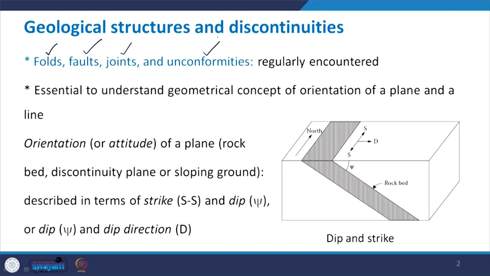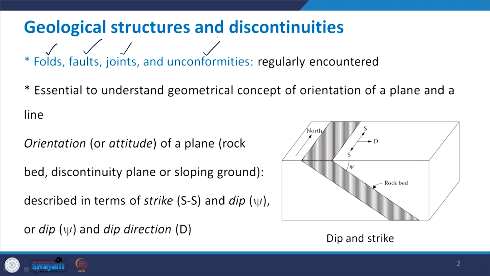It is very much essential for us to understand the geometrical concept of the orientation of a plane and a line before we learn about these geological structures, because the moment we encounter any kind of geological structure and discontinuity, we need to represent them.